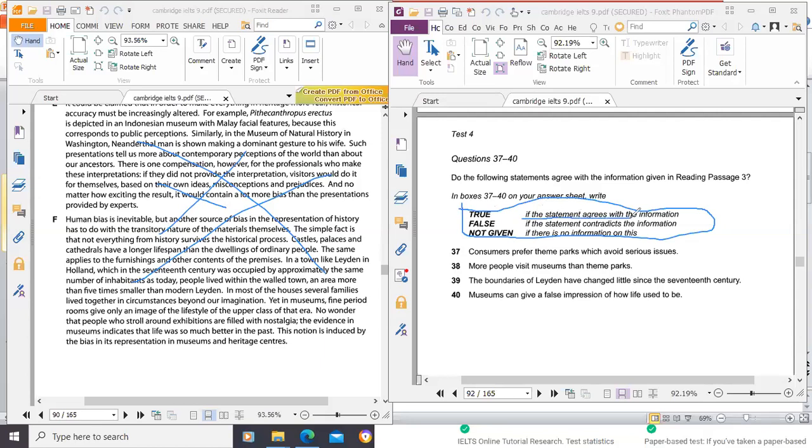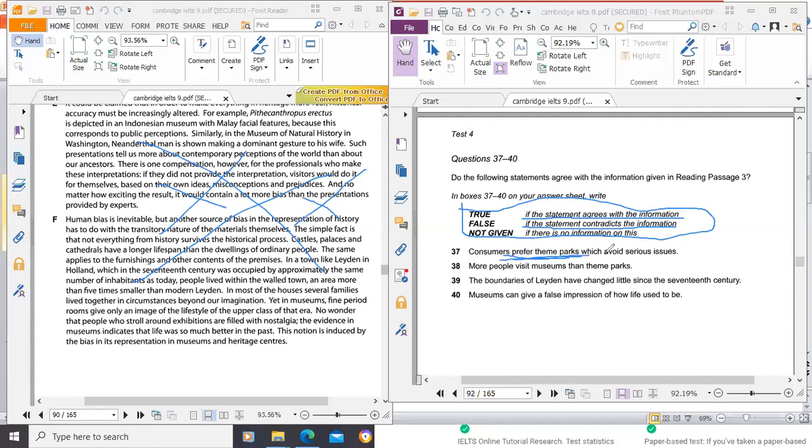But that's to reiterate that the answer is true if the statement agrees with the information in the passage. This statement is false if it contradicts the information provided in the passage.